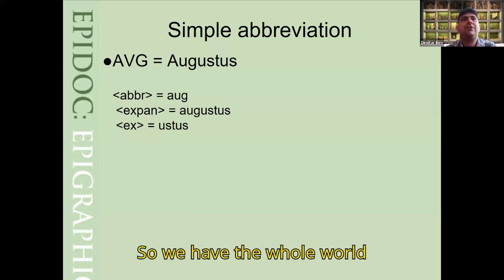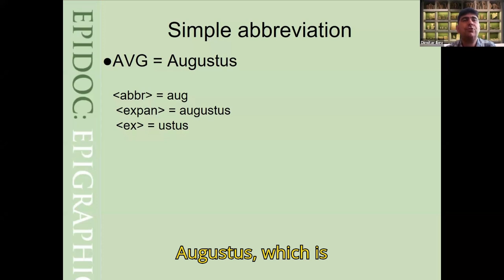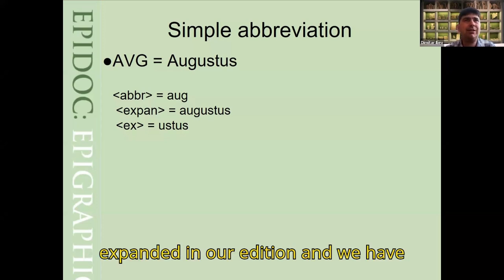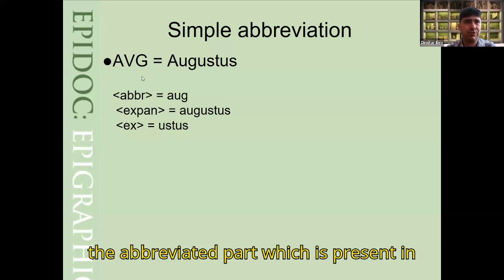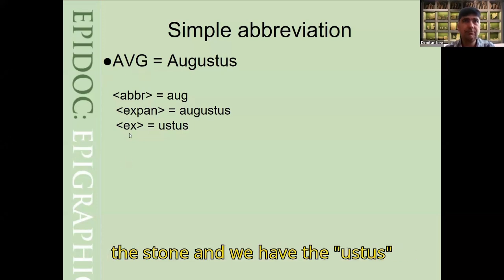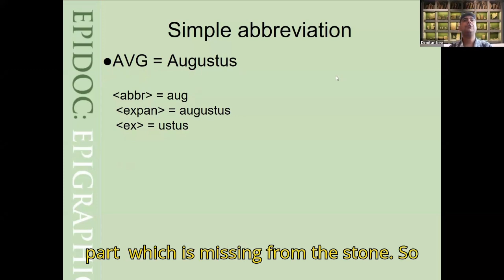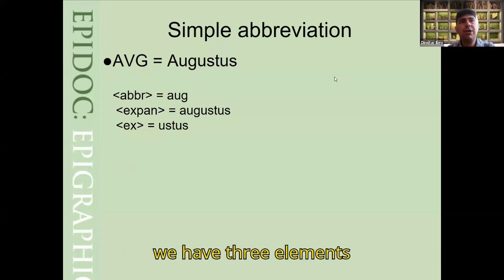So we have the whole word Augustus, which is expanded in our edition, and we have the abbreviated part which is present in the stone, and we have the Ustus part which is missing from the stone. So we have three elements.